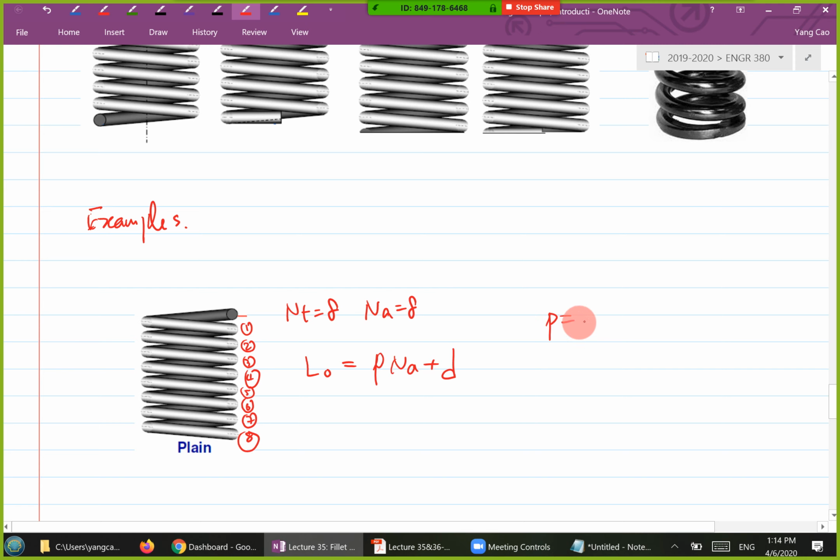Let's say the pitch is 5 millimeters and the wire diameter is 3 millimeters. Substituting into this, you get 43 millimeters. I can also calculate the solid length. If you press it completely closed, your solid length according to the table is D times NT plus 1, which is 27 millimeters. This is for the plain type of spring.